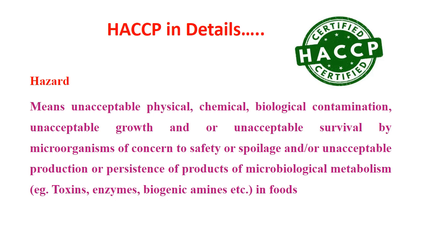Hazard means unacceptable physical, chemical, biological contamination, unacceptable growth and or unacceptable survival by microorganisms of concern to safety or spoilage, and or unacceptable production or persistence of products of microbiological metabolism, that includes toxins, enzymes, biogenic amines, etc. in foods. So this is the detailed definition of what is a hazard pertaining to physical, chemical, biological contamination.